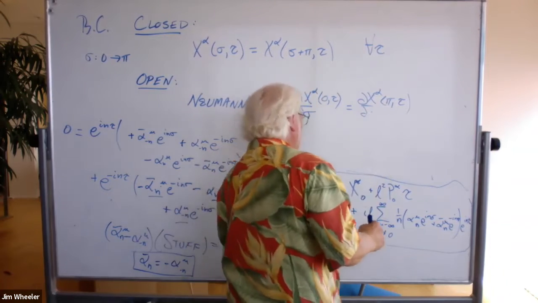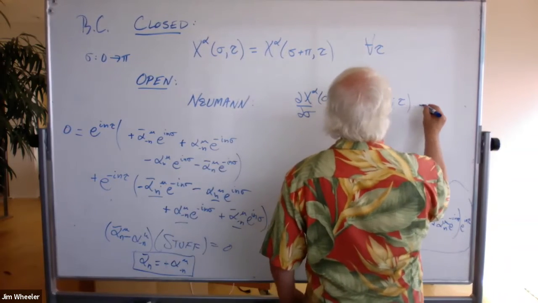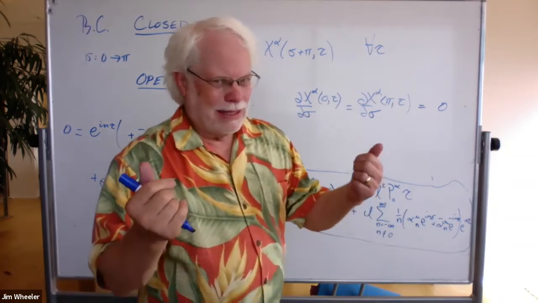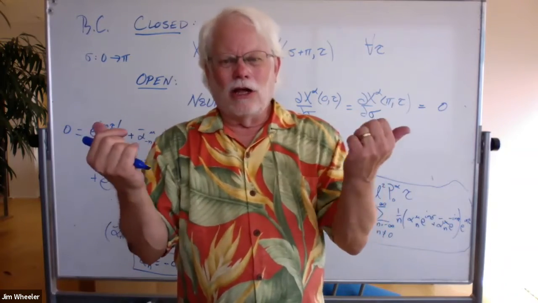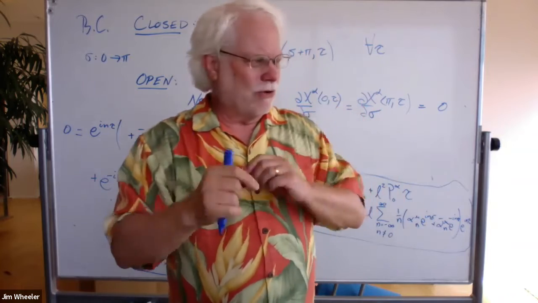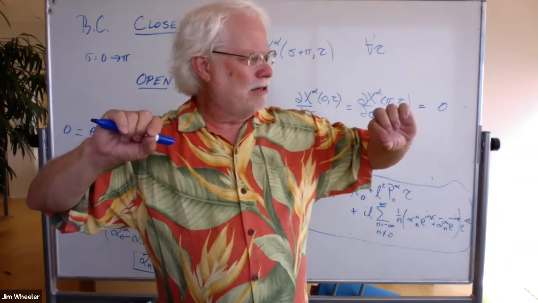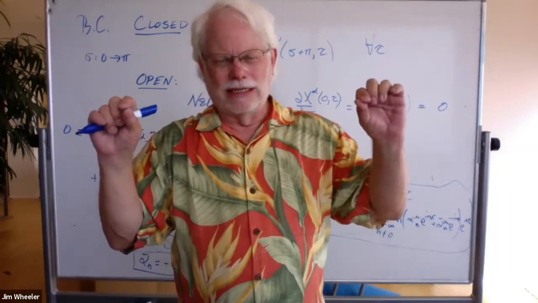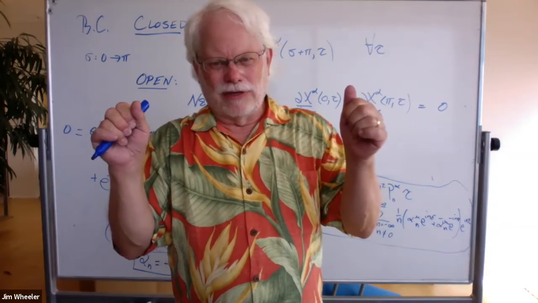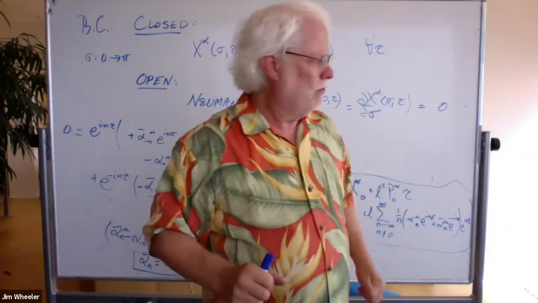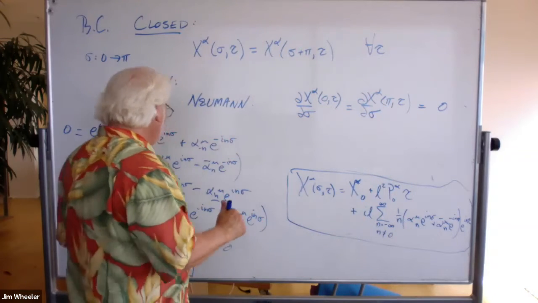So we want no longitudinal motion of the string, right? So our Neumann condition is there's no change of the endpoints. The derivative in the longitudinal direction of the endpoints is 0. So that's our Neumann boundary condition.